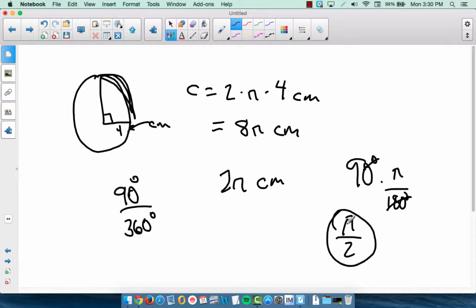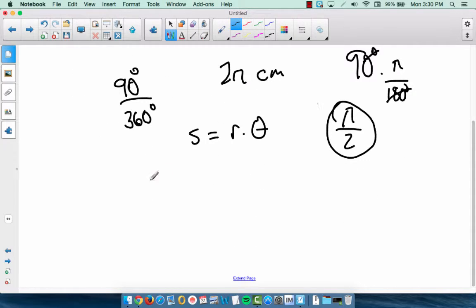That's 90 degrees. And then you could say S is equal to R times theta. So for us, that would be S is equal to 4 times pi over 2. Remember, that's 4 centimeters. And you would get 2 pi centimeters, the exact same thing.